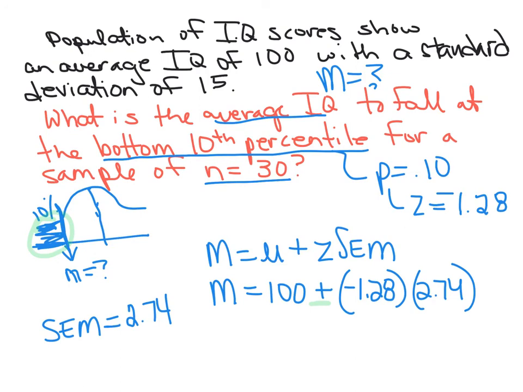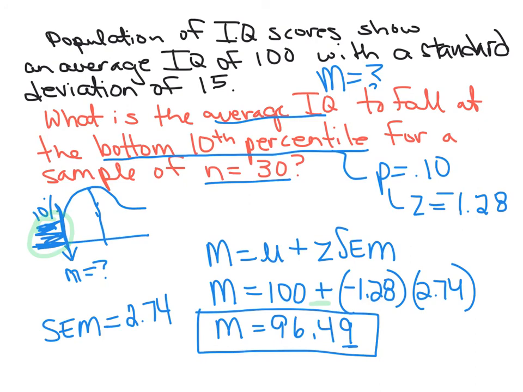So in the end, your sample mean equals 96.49. Now it was 0.4928, but we're going to round to the second decimal again, so this should be your answer. Sample mean equals 96.49. So the bottom 10th percentile for a sample of 30 would be an IQ of 96.49.